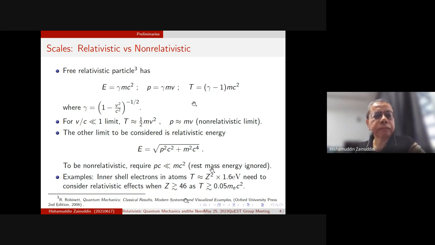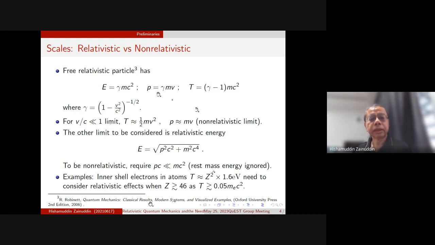So what is the gamma, by the way? Gamma is just your ordinary relativistic factor. So over here, the idea of when you go to a relativistic notion and when you do not is quite simple, because the idea is just to consider the particle's velocity, for example, whether it's comparable to the speed of light.